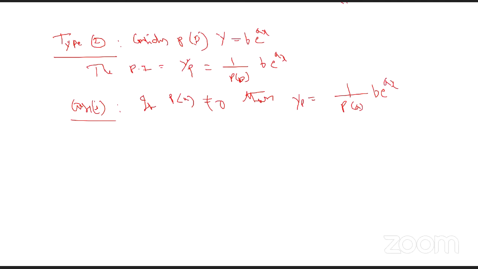We have P(D) of B e^(ax) equals B e^(ax) P(a), by the exponential property.